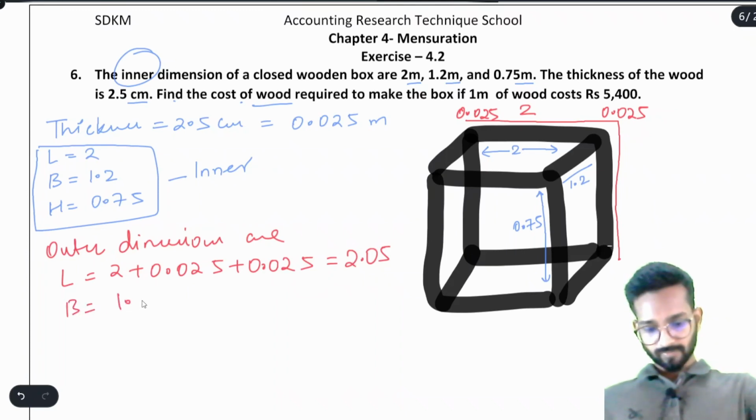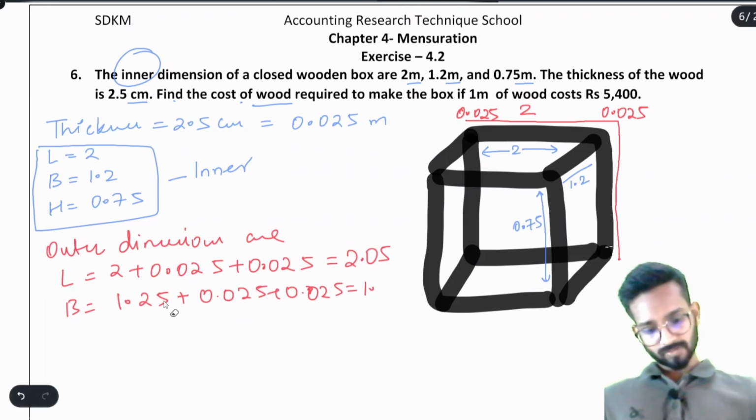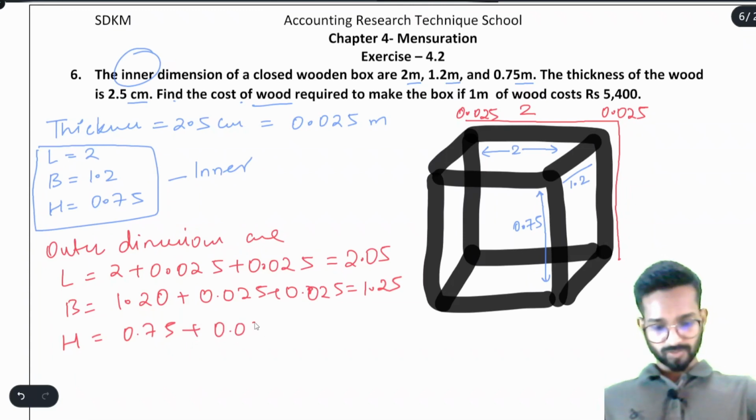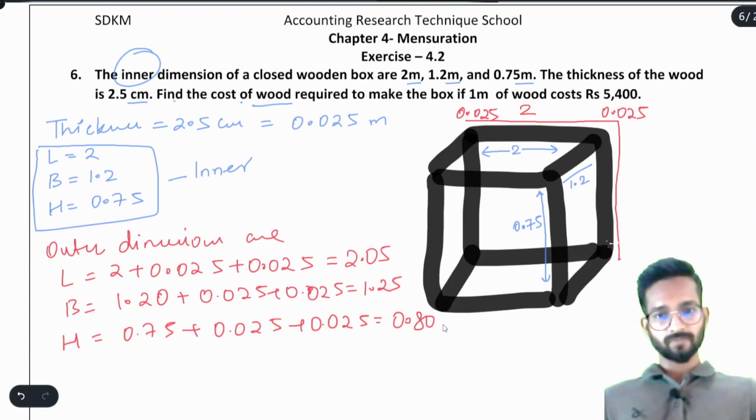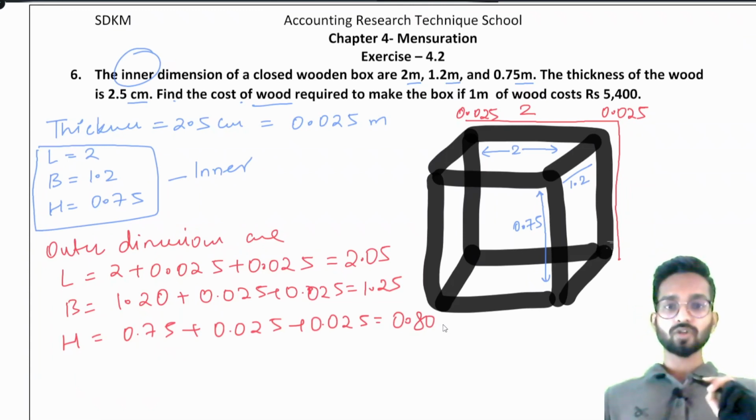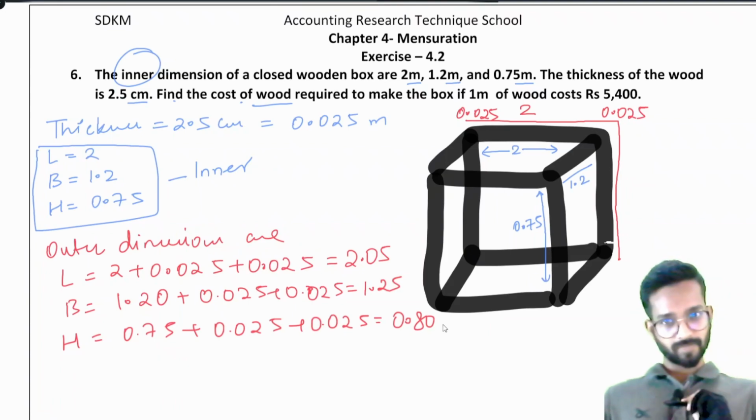Breadth will be 1.2 plus 0.025 plus 0.025, that is 1.25. Height will be 0.75 plus 0.025 plus 0.025, that is 0.80. Length, breadth, height will all change because the corners are also included when you are finding the outer dimensions.